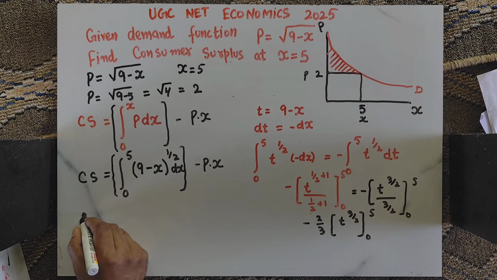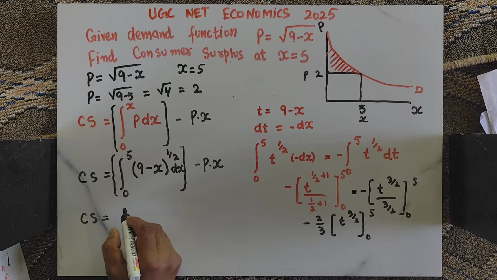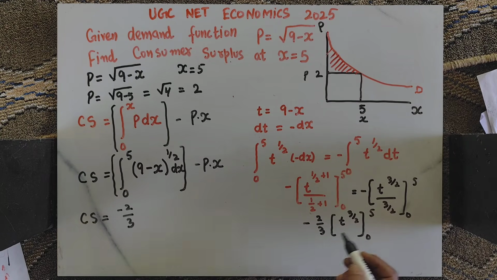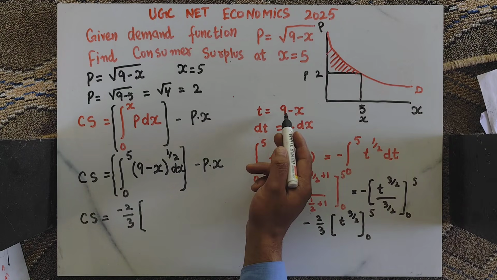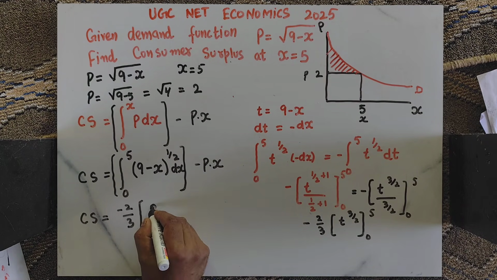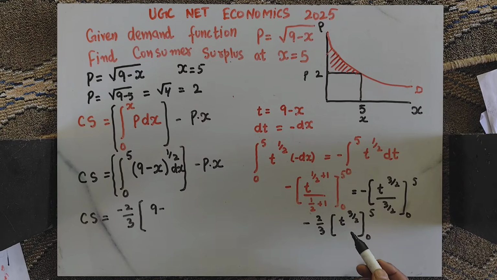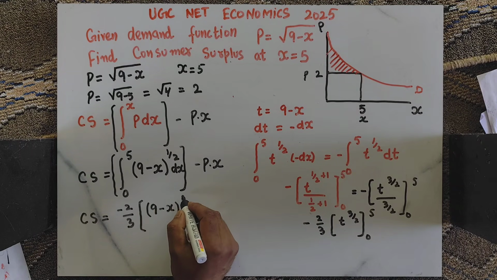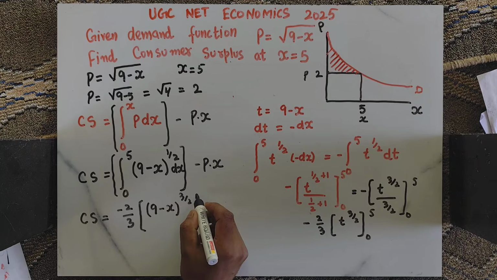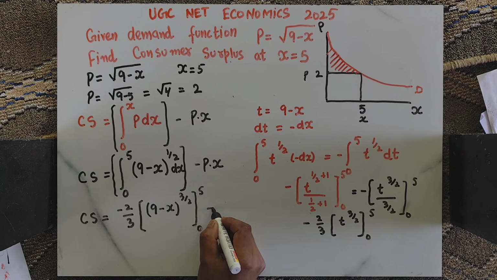That means consumer surplus will be equal to minus 2 upon 3, and we know t is equal to 9 minus x. So we have 9 minus x raised to the power 3 upon 2, evaluated from 0 to 5, and we subtract the total expenditure.